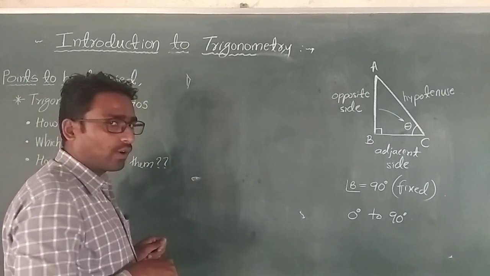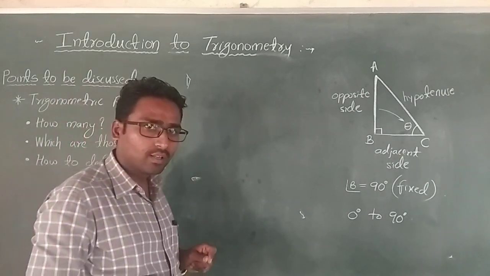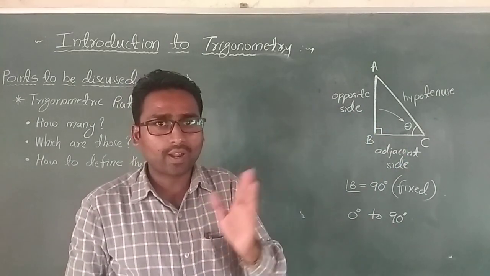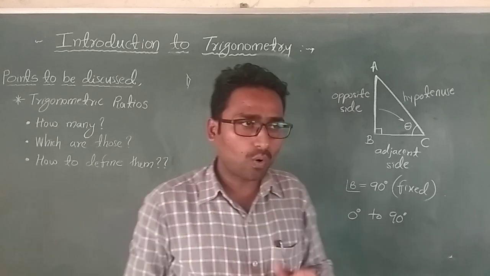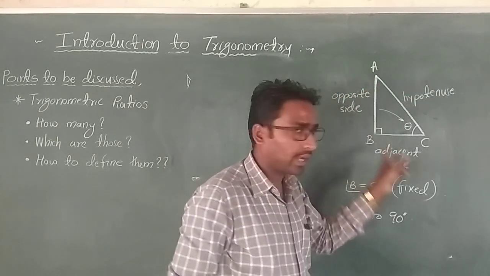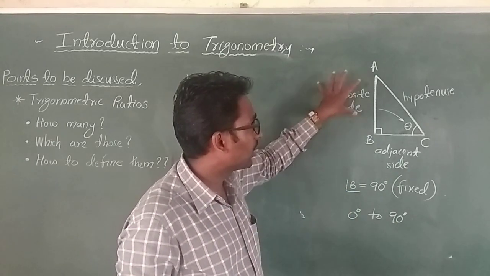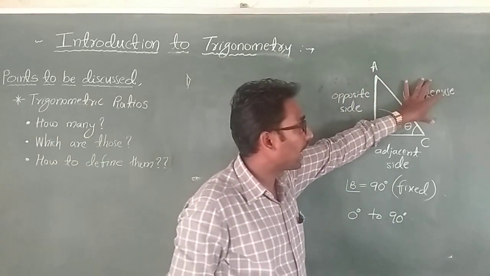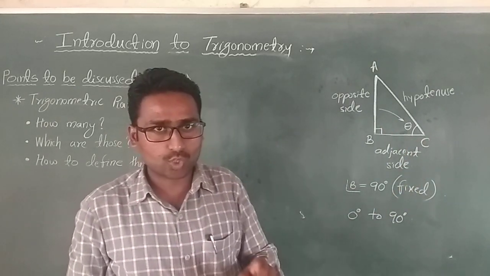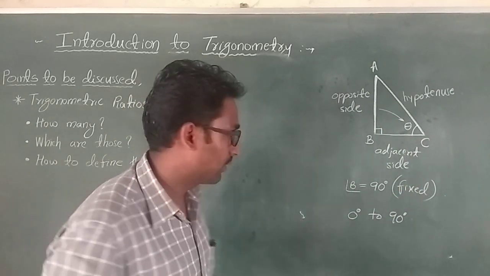The very first function is sine, and the sine function of angle theta is defined as the ratio of opposite side to the hypotenuse of the triangle. I repeat, the ratio of opposite side to the hypotenuse of the triangle is nothing but the first ratio, that is sine function.